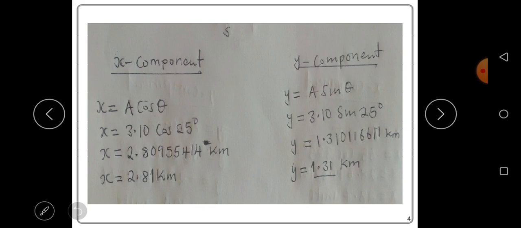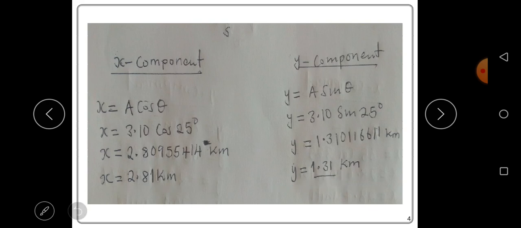Written in 3 significant figures, the y component is 1.31 kilometers. So we found what the question asked us to find. Due north, it's 1.31 kilometers. Due east is 2.81 kilometers.